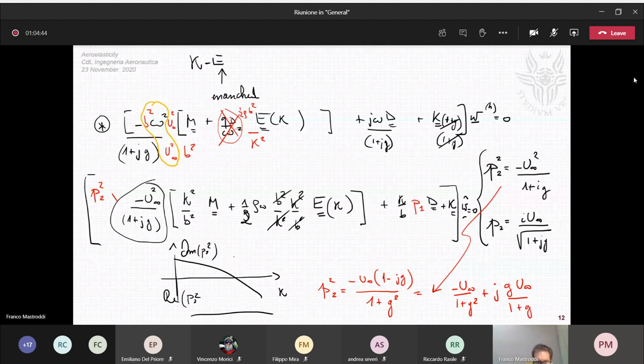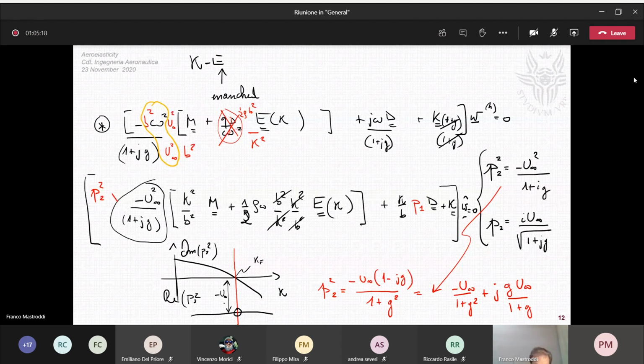So you have a similar criterion. In this case you have a critical value for your k flutter, and correspondingly the imaginary part is 0, and then g is 0 as you want. Correspondingly the real part is minus u infinite. Before, that value was minus omega.